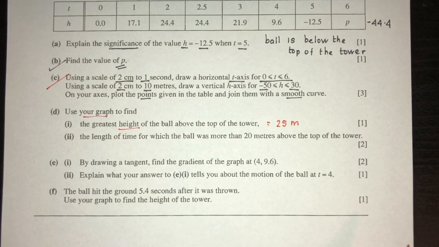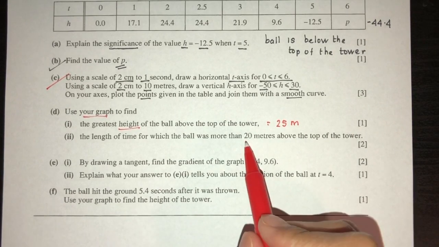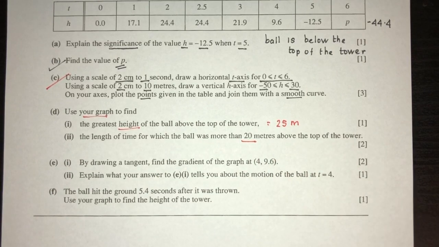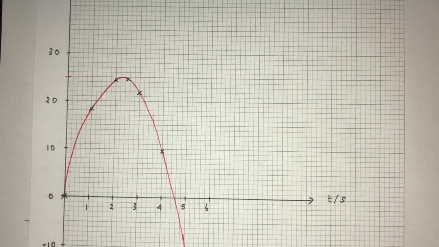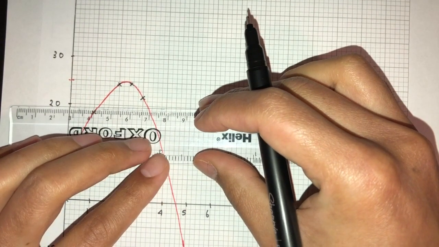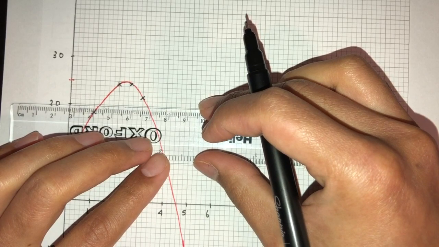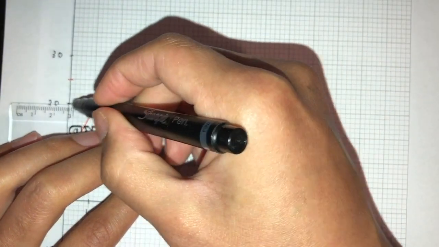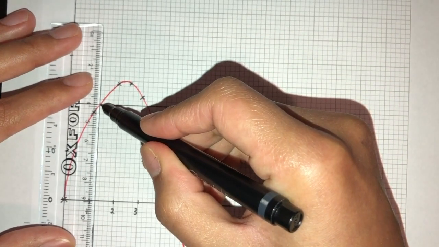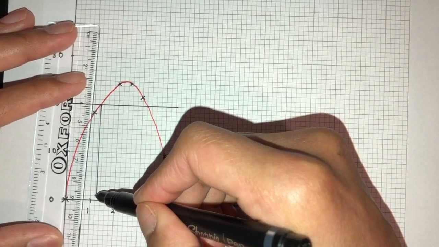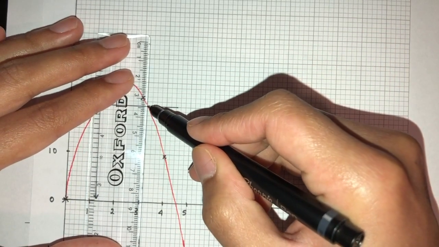Now for part 2, what else do we have? We have the length of time for which the ball was more than 20 meters above. So we first have to go to our h-axis for 20 meters and find out how long it was above that height. We draw a line, and you will have 2 points of intersection.